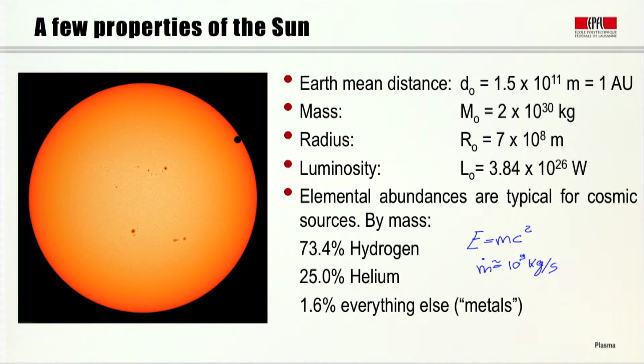And finally, the elemental abundances of the Sun are typical for cosmic sources. The Sun is made approximately, in mass, of 73.4% hydrogen, 25% helium, and then 1.6% of everything else, mostly metals.